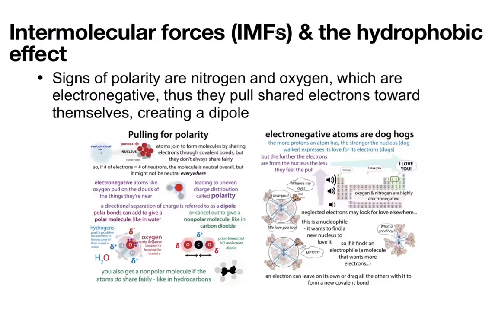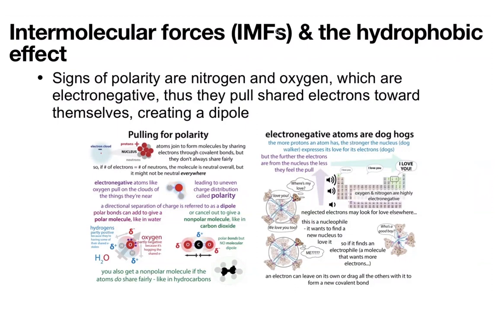To be polar, basically you have an electronegative atom connected to something that's less electronegative, and therefore the electrons that they're sharing in their covalent bond, the electronegative atom is going to hog them, leading it to be partly negative and the thing it's attached to be partly positive.